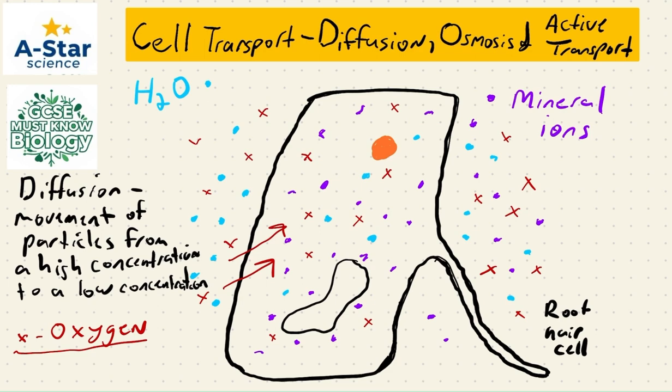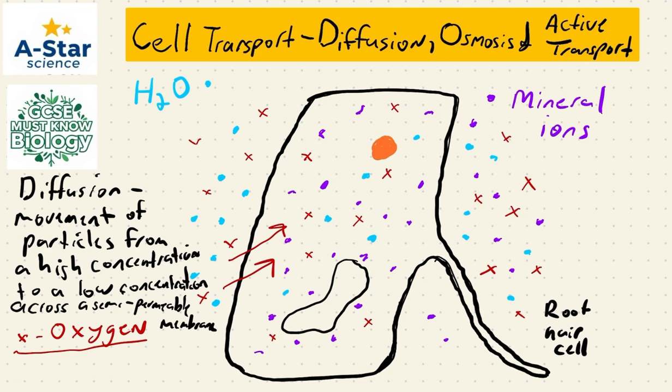Now, an important part that we need to add to our definition is across a semi-permeable, which means it has holes in it, membrane. And so the cell wall has tiny, tiny holes in it for very small particles like oxygen molecules that can get into that cell.